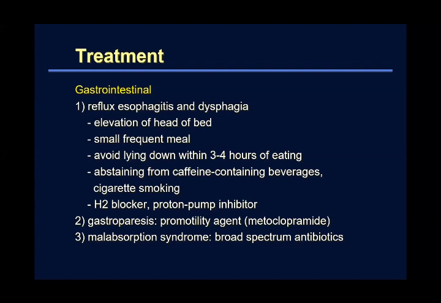Even if they have anorexia, cachexia, weight loss, you see the element of malabsorption. They are given a broad spectrum antibiotic like doxycycline, 100 milligram per day for 4 to 6 weeks, to treat the malabsorption syndrome due to bacterial overgrowth.